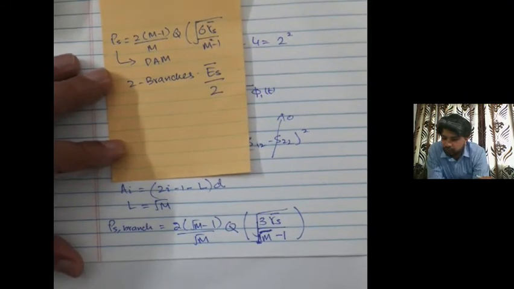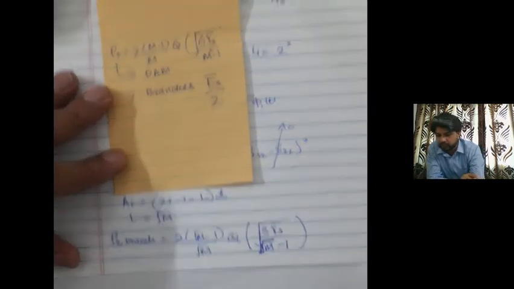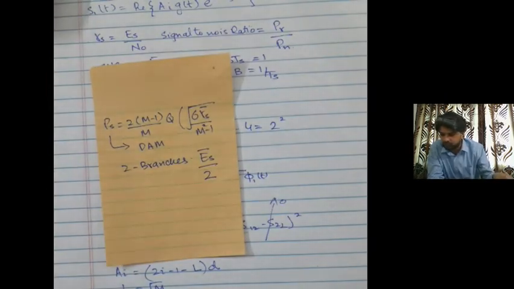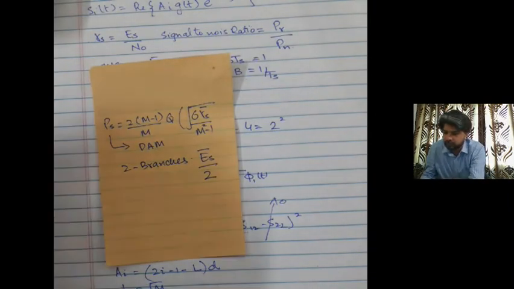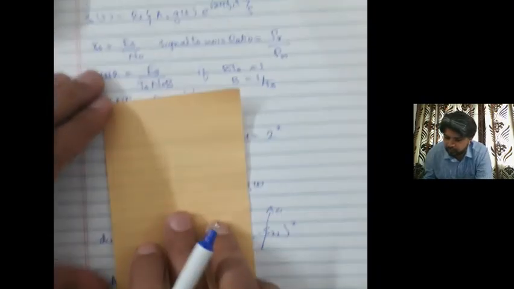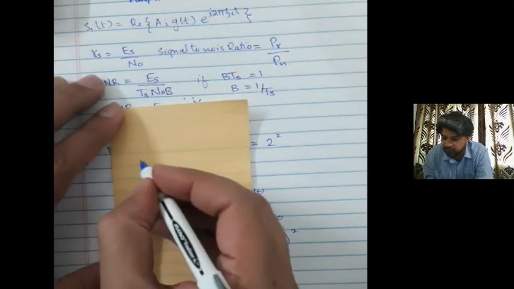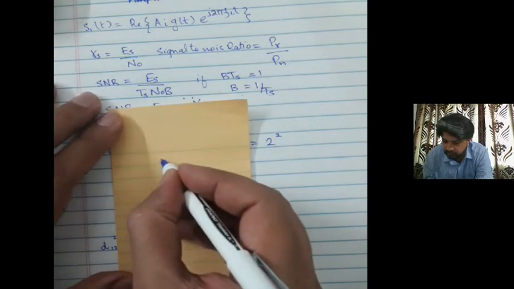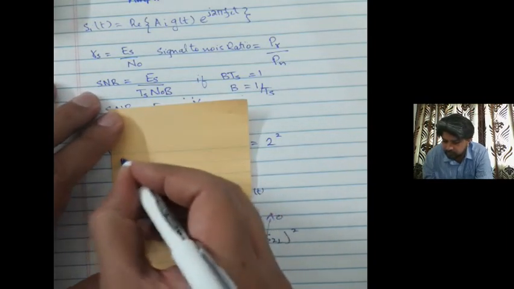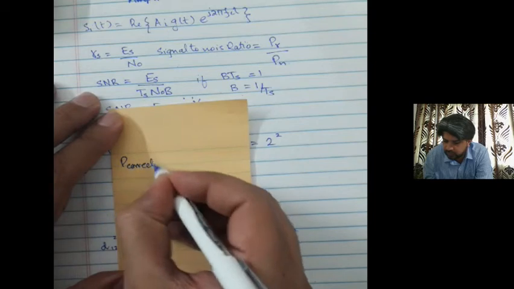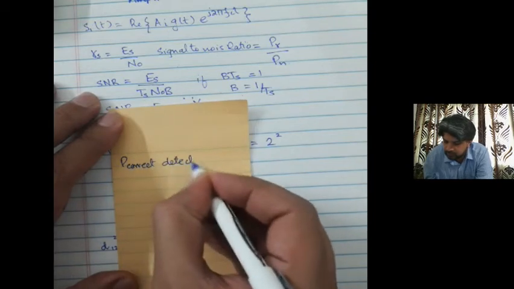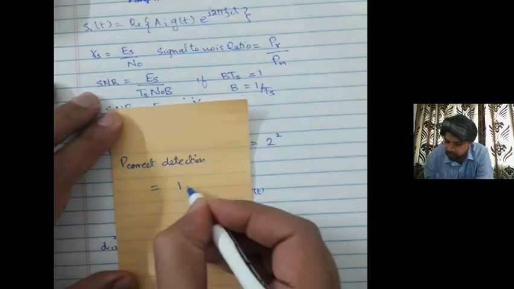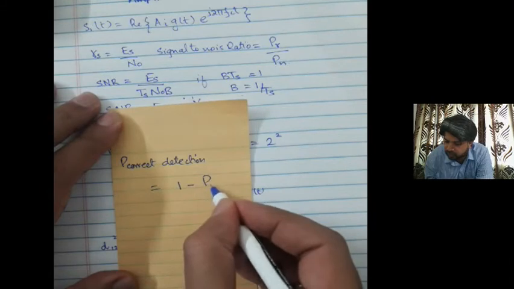And now if you want to compute the total error probability, then you can think of this as what would be the probability of the correct detection in one of the branches. So the probability of the correct detection would be equal to 1 minus the probability of an error in a branch.